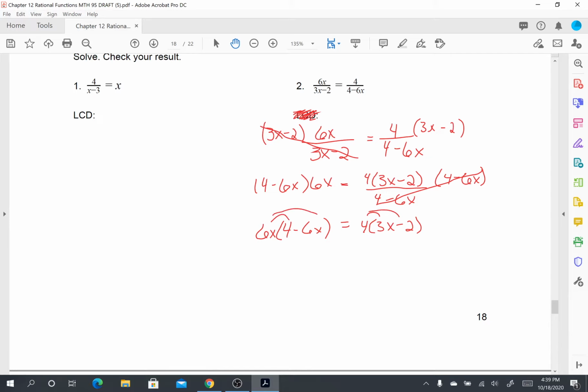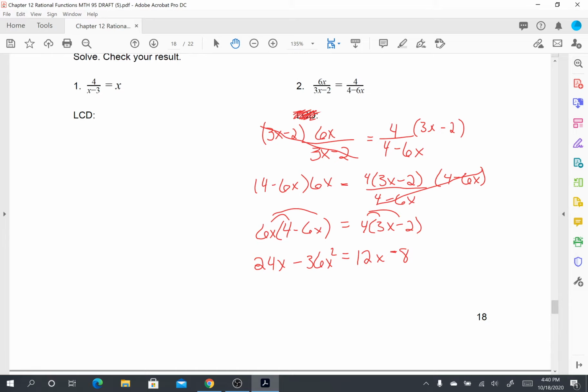And I guess maybe the reason why you might not want to do this, let's see. I would get negative, first I get 24x minus 36x squared. Well, we weren't getting an x squared before, so maybe the other method was better after all.